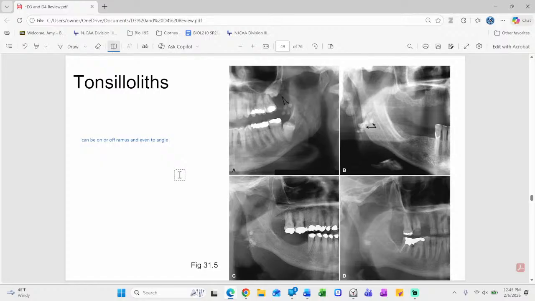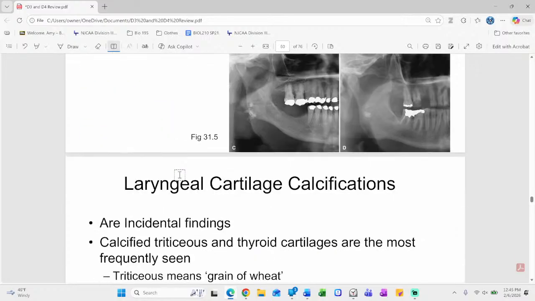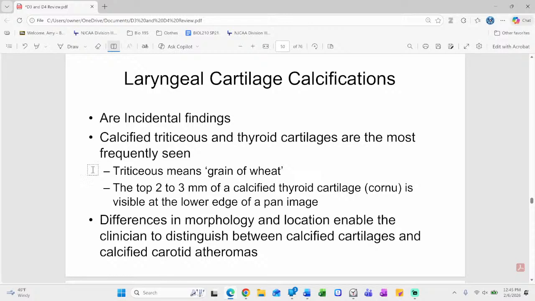All right, tonsilloliths. All right, here's our thyroid cartilage. So the laryngeal cartilage calcifications, I pulled this right off of your text. You can take a look. They are always incidental findings on a panoramic. The calcified triticeous and thyroid cartilage are the most frequently seen, and we've gone through that. Triticeous means a grain of wheat. It's what it looks like, kind of a piece of rice.